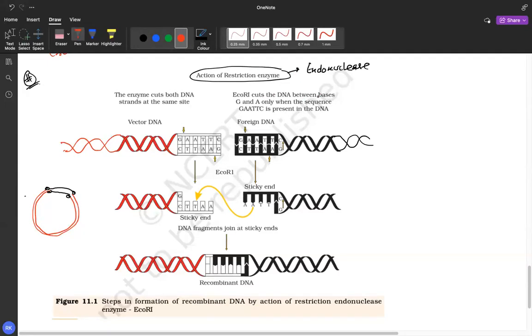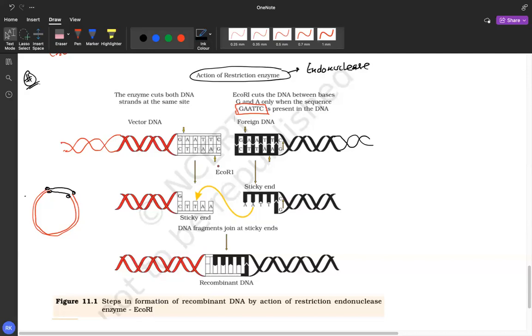EcoR1 cuts the DNA between bases G and A only, when the sequence is GAATTC. So this is the sequence that EcoR1 recognizes. No other endonuclease will recognize the same sequence. Only EcoR1 recognizes it.